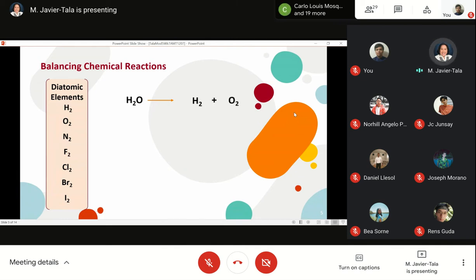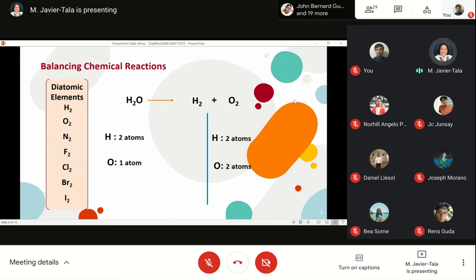As you can see here, if we count the number of atoms on both sides, your hydrogen on your reactant side has 2 atoms and the oxygen has only 1 atom. On the product side, there are 2 atoms of hydrogen and 2 atoms of oxygen.